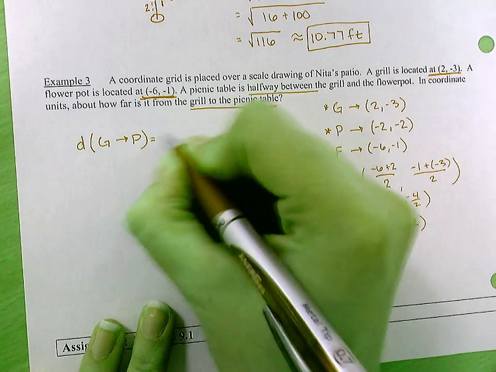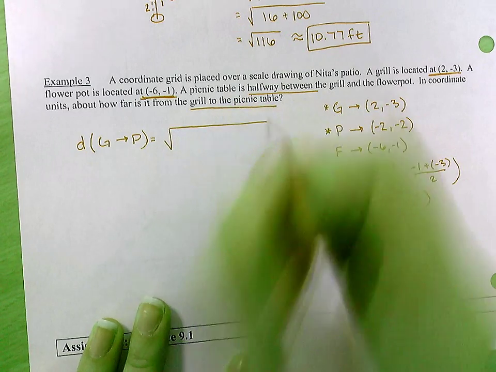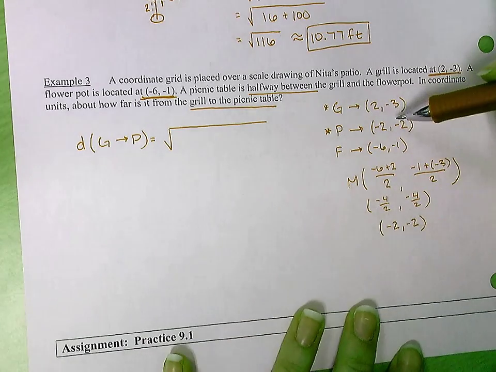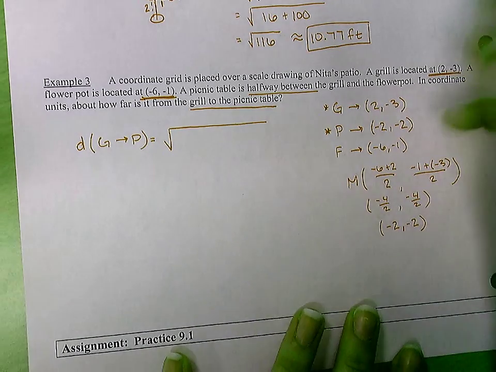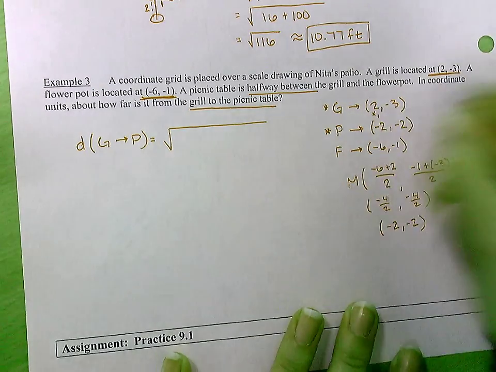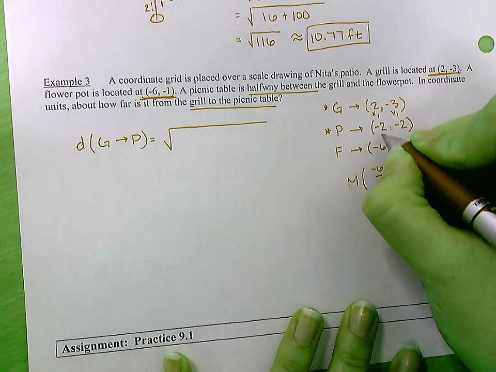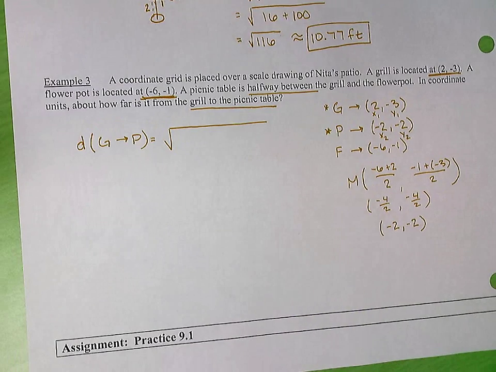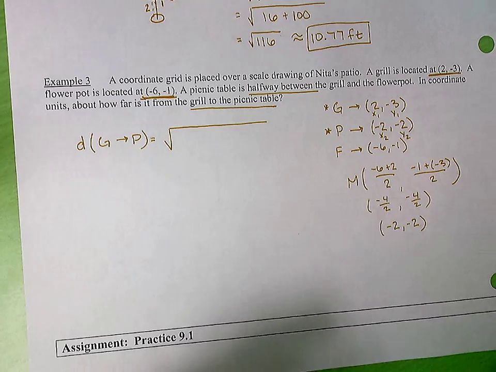Okay? So that'll be equal to the square root. Now again, we can label these points, if that's a little bit easier for you, we have x sub 1 and y sub 1, x sub 2, y sub 2. And then we want to plug it into that formula.